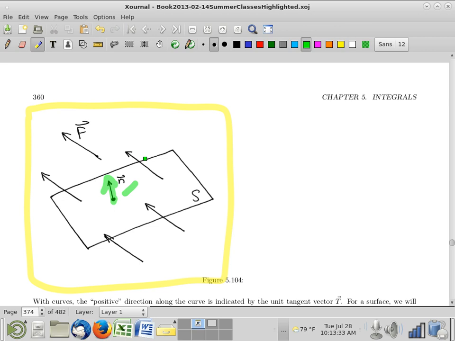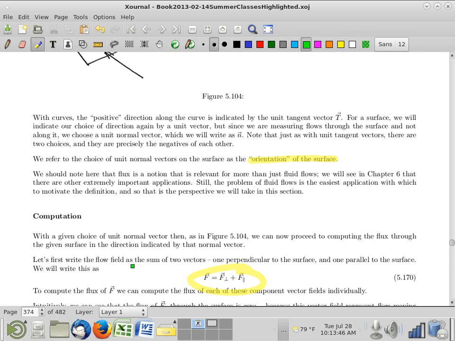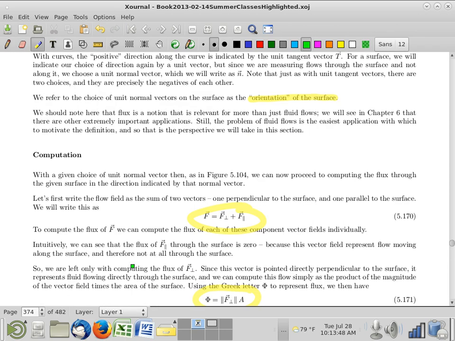That'll either be given to you in the question that you're answering, or naturally interpretable from the application that you're trying to resolve. Terminology: we call that an orientation on the surface. So how are we going to actually compute this?